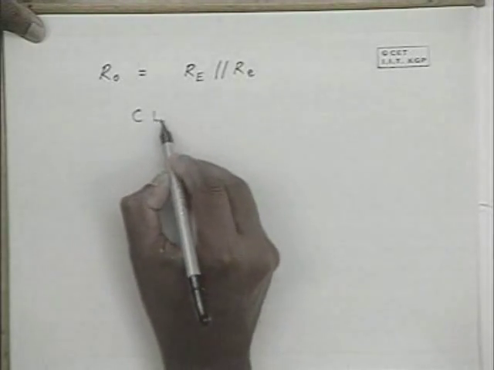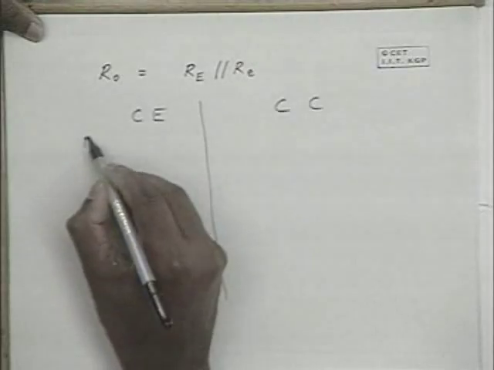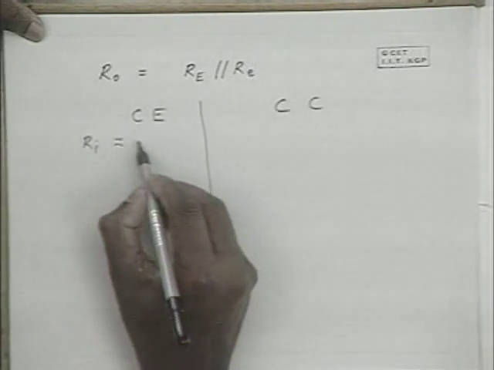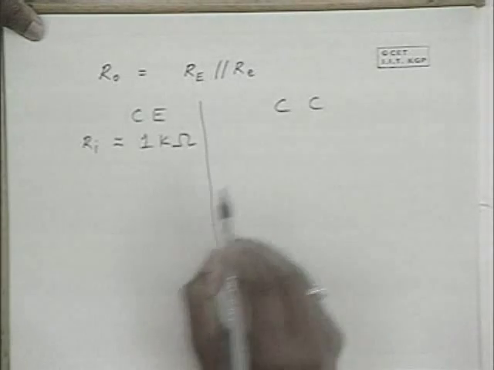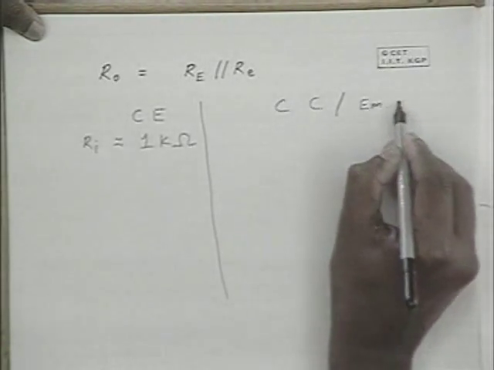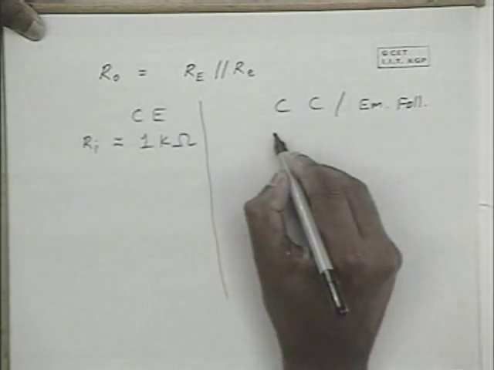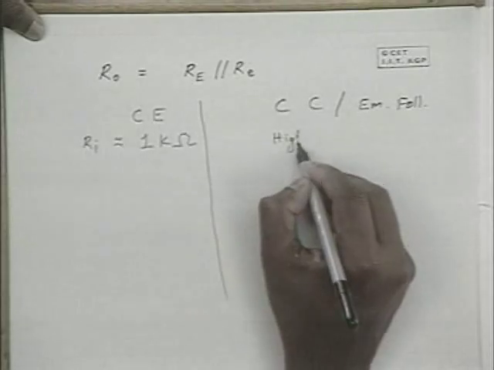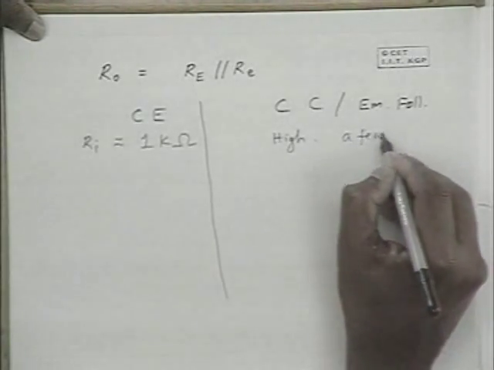So please note that in a common emitter amplifier, the input impedance is of the order of 1 kilo ohm. In the common collector or emitter follower amplifier, we have high input impedance, a few tens of kilo ohms.